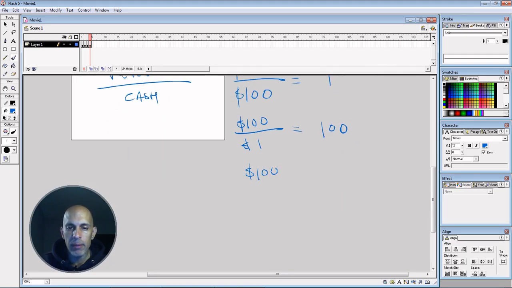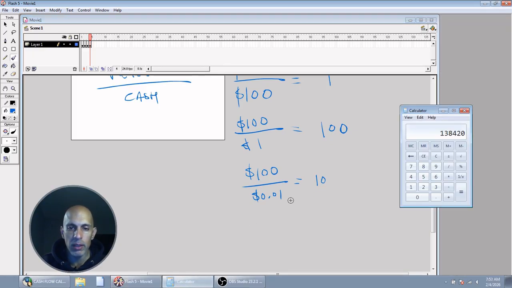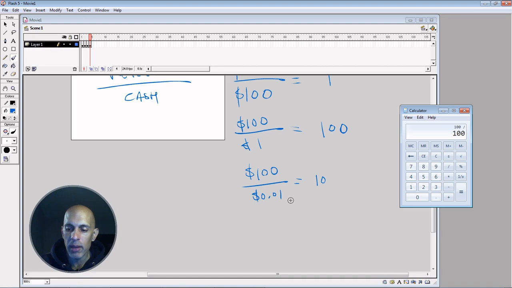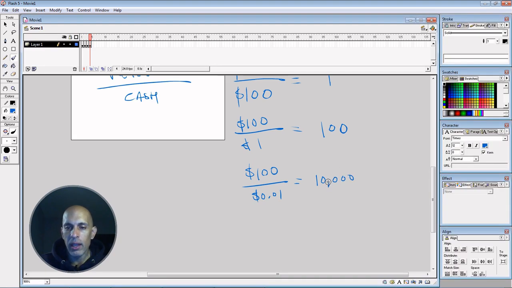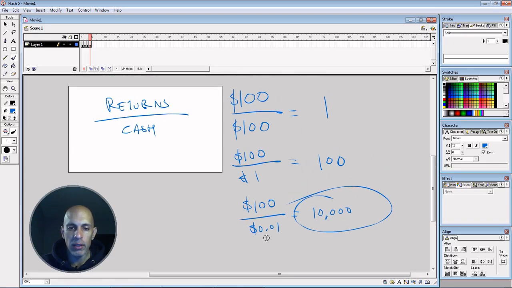And even better is if my return is $100, but I put in only 1 cent, my return is 10,000. Let me double check here. 100 divided by 0.01, 10,000. Yeah. And this is where the wealth is made, because you're putting in only a penny, but you're getting back $100. Putting in $1 and getting back $100, fantastic.